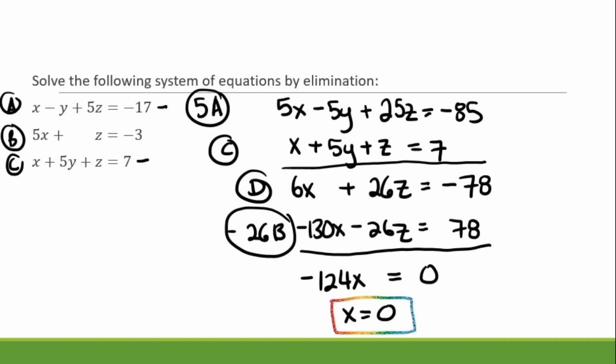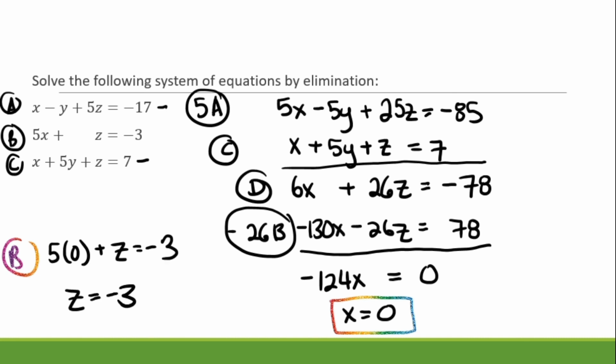Okay, I have to go back to a 2-variable equation to solve for another one. Well, my choices are negative 26b, or equation D, or plain old b. I'm just going to use plain old b, because it's the prettiest. 5 times 0 plus z equals negative 3. Therefore, z is equal to negative 3.